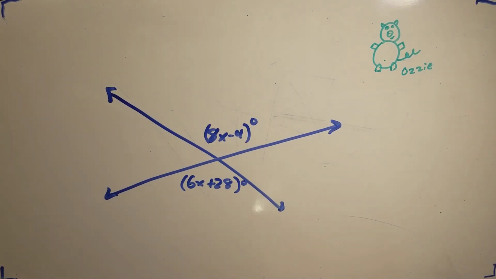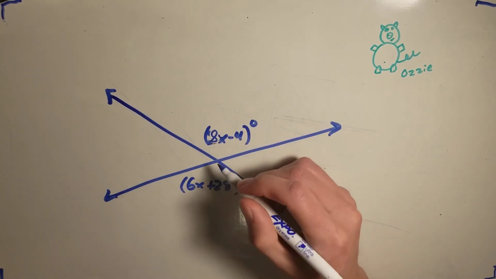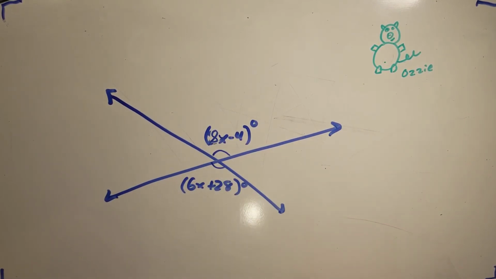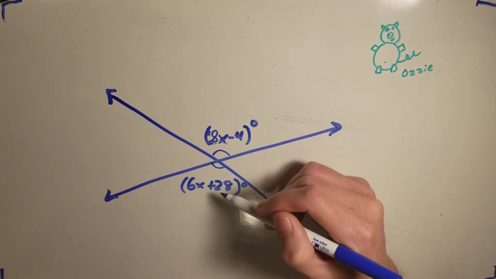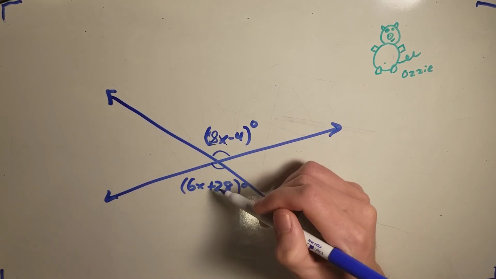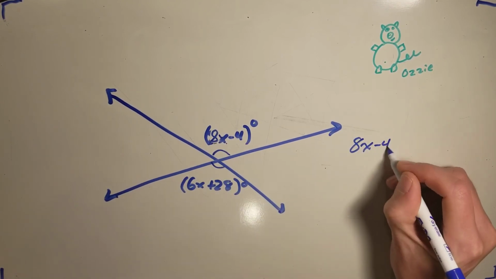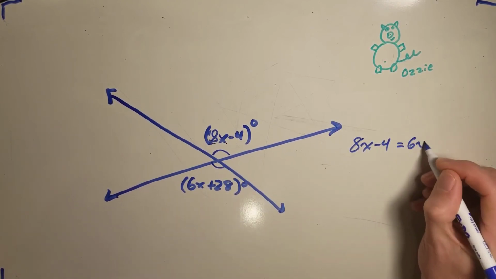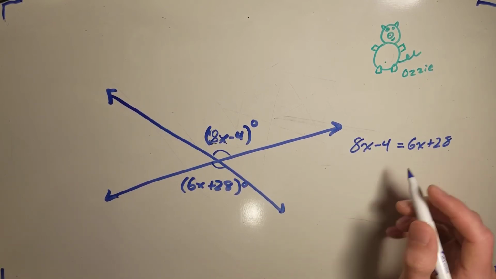Because these are vertical angles, they're opposite, they share a vertex, and they're formed by two intersecting lines, we can make an equation. Vertical angles have the same measurement. We don't know the measure of either one, but we have an expression for each. So 8x minus 4 needs to be equal to 6x plus 28. Now we have an equation that we can solve.